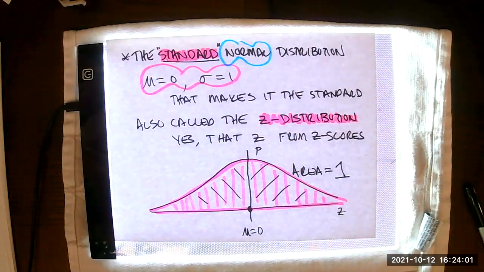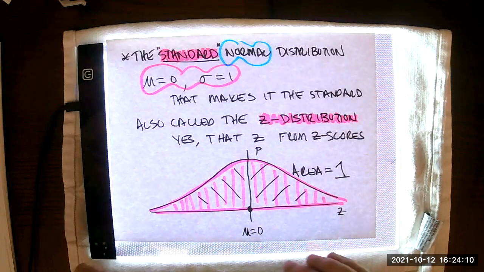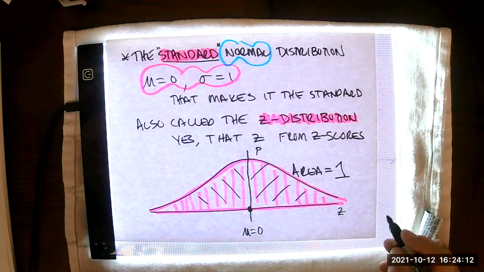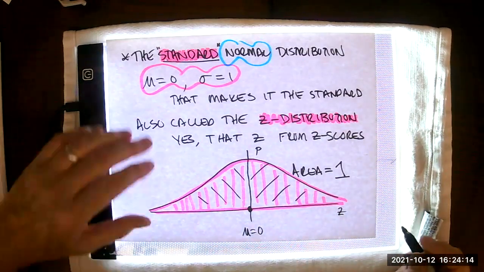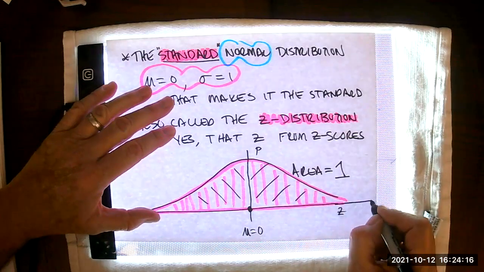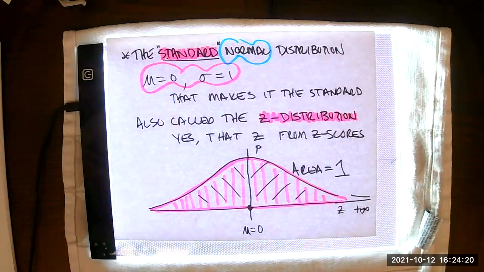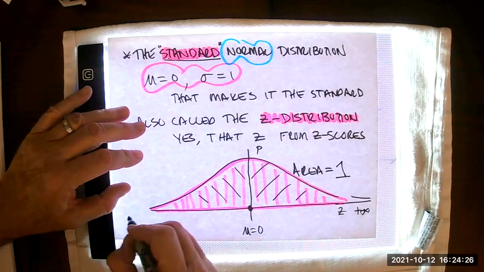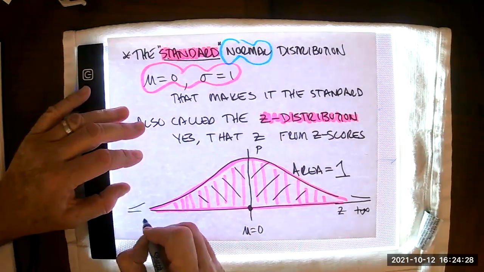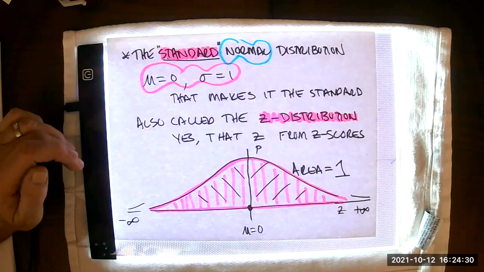Now, there's a couple of interesting things about this distribution. First off, there are no z-intercepts. This graph continues all the way out here, just like that, to positive infinity, never really getting down to the z or horizontal axis. It happens at the other end of the spectrum too, at negative infinity.